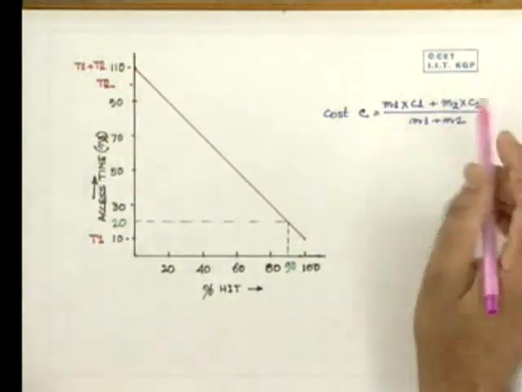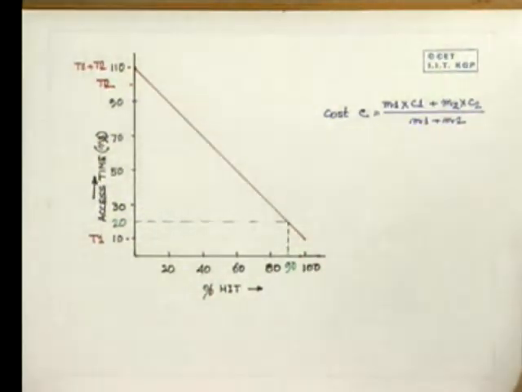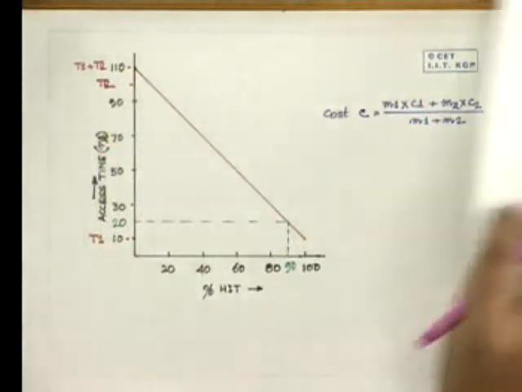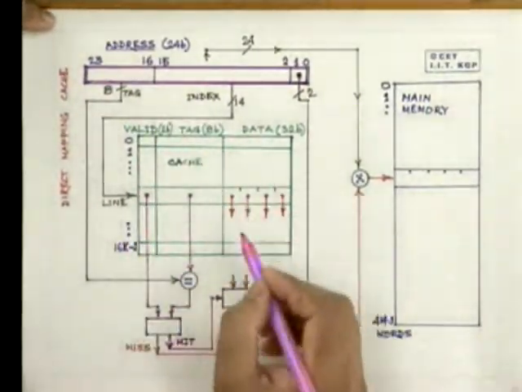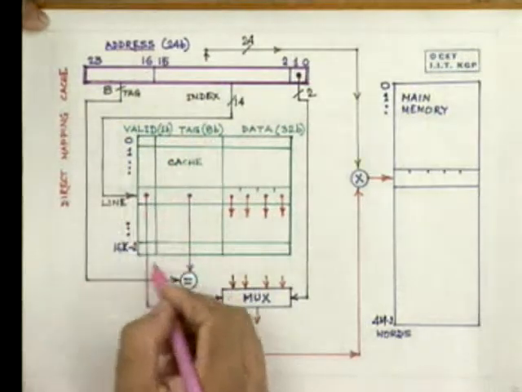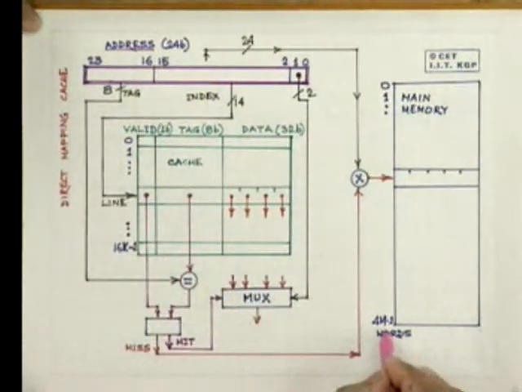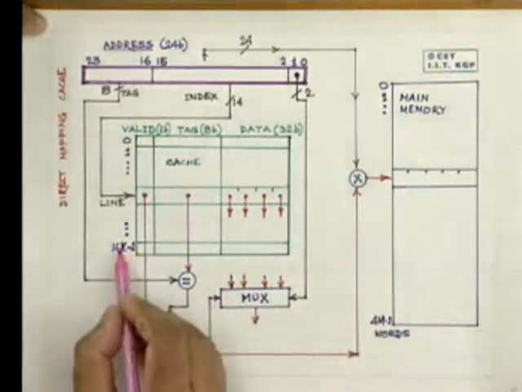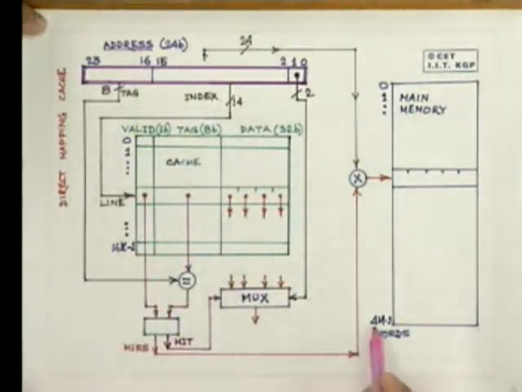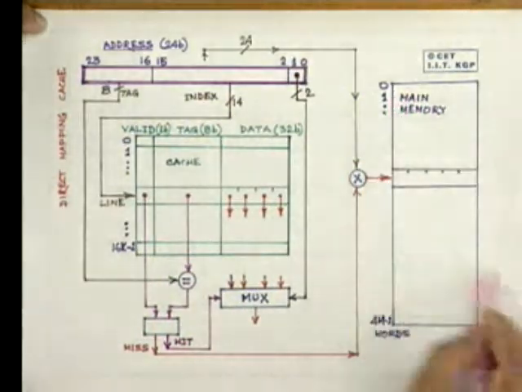In this example, we have taken 16K as the cache memory, and 16 megabyte as the main memory. Or 16K words as the cache memory, or 4 mega words as the main memory.